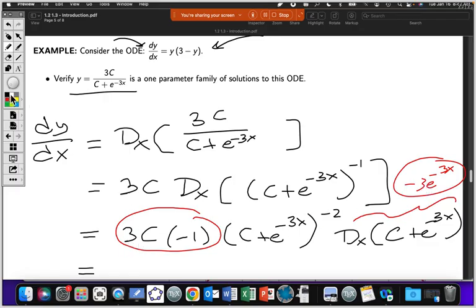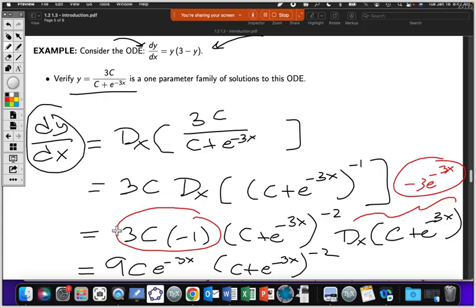That's going to be a 9. So 9c e to the minus 3x times (c plus e to the minus 3x) to the minus 2. So that's dy/dx.